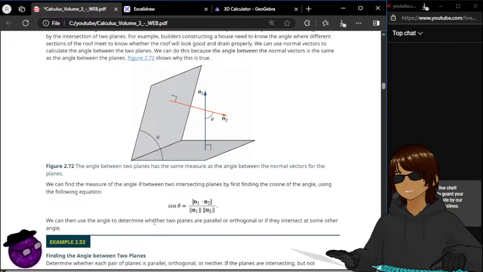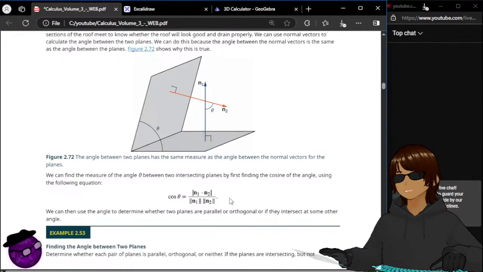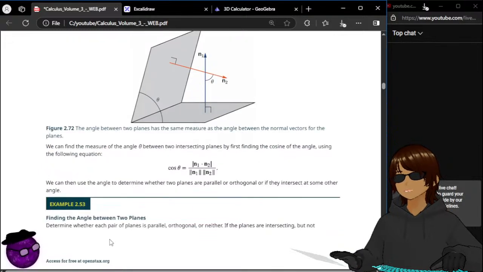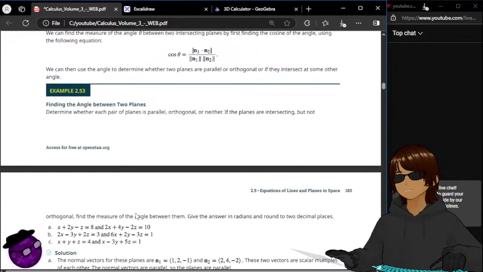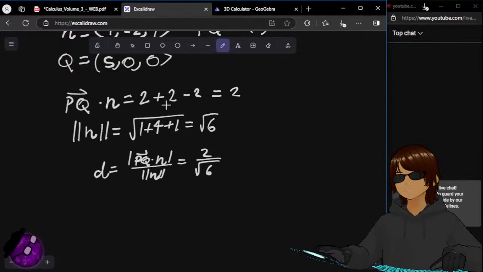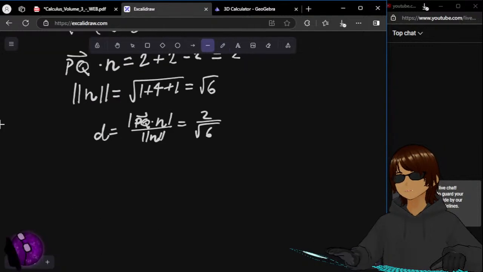We can then use the angle to determine whether the two planes are parallel or orthogonal, or if they intersect at some other angle. Determine whether each pair of planes is parallel, orthogonal, or neither. If the planes are intersecting but not orthogonal, find the measure of the angle between them. Okay, so let's try this.